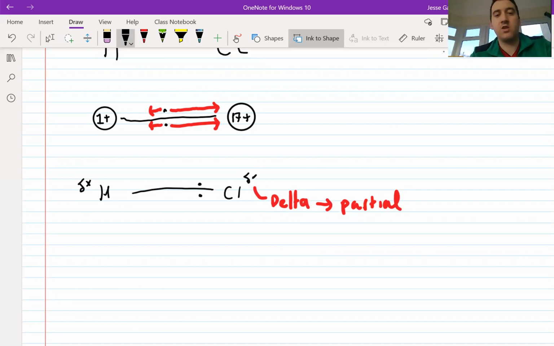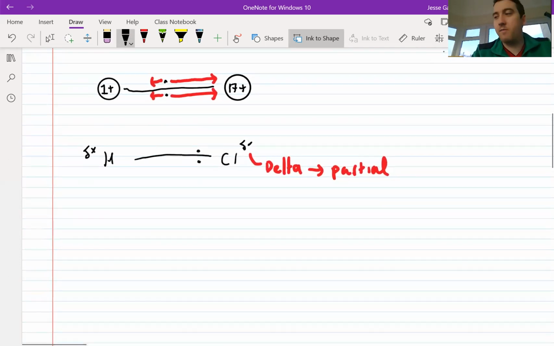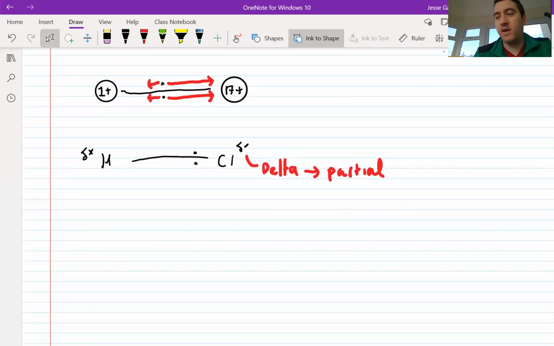They show partial charges. And what this does, okay, so before I go there, we now basically have an idea that we can have these two atoms that have a different amount of attraction for the shared pair of electrons. So I'm just going to write about this now.